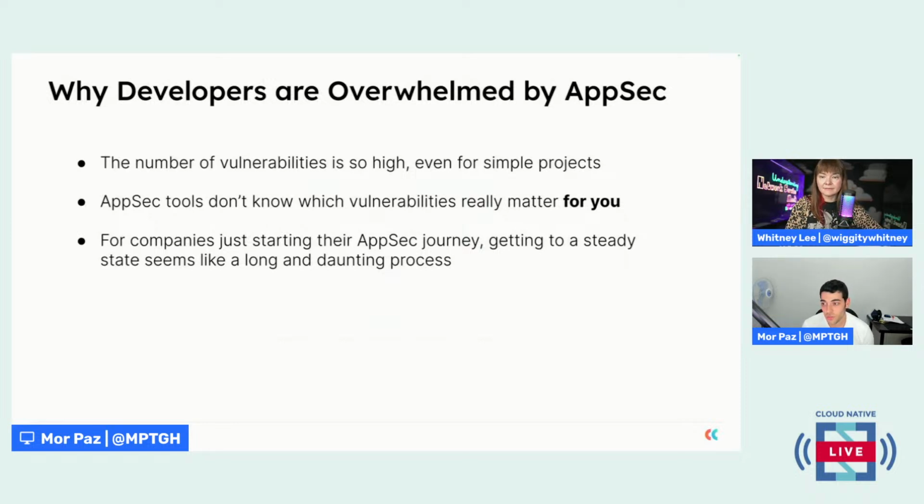And that means that they immediately have some work to do. And that might seem like an uphill battle that's very hard to fight. It's very hard to understand, okay, what should I focus on first? And that is something that we hope to solve by combining the developer portal with application security.